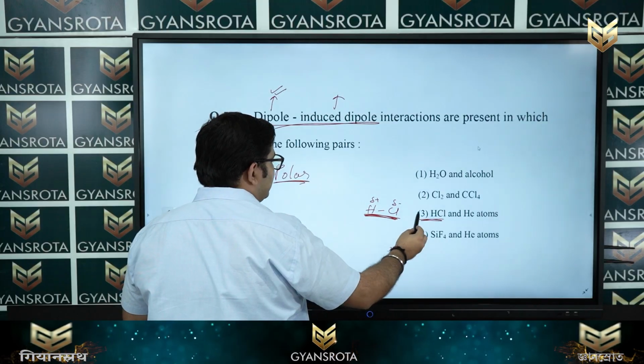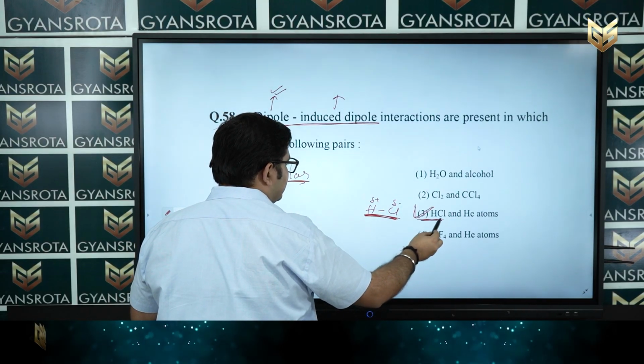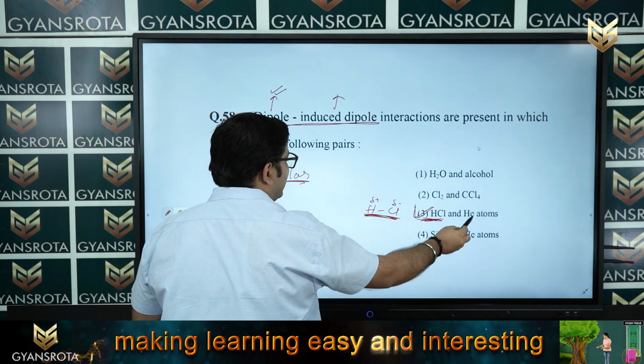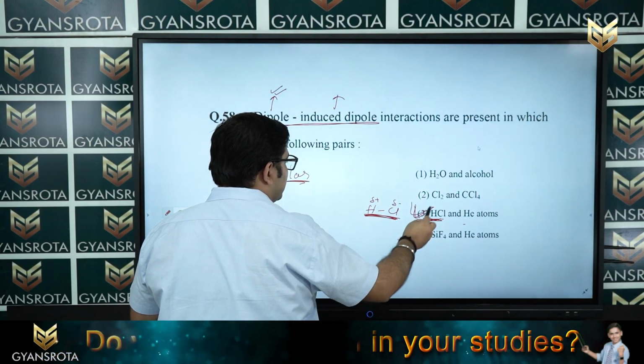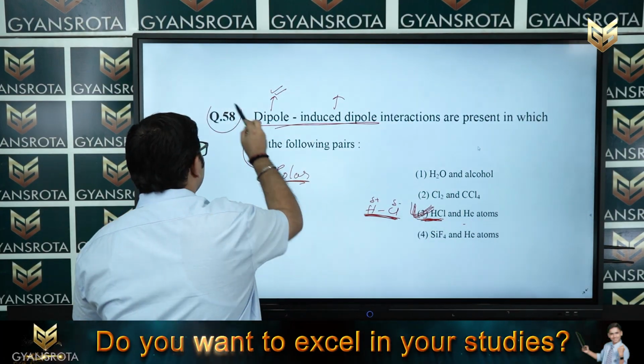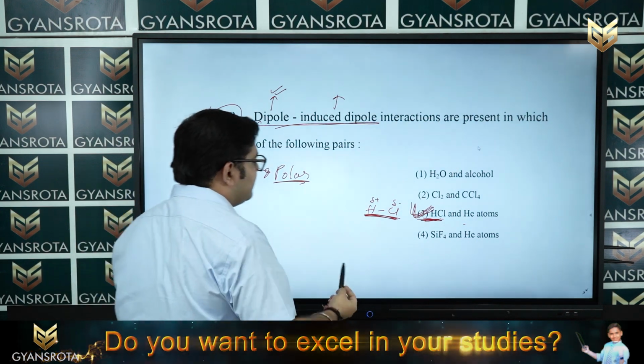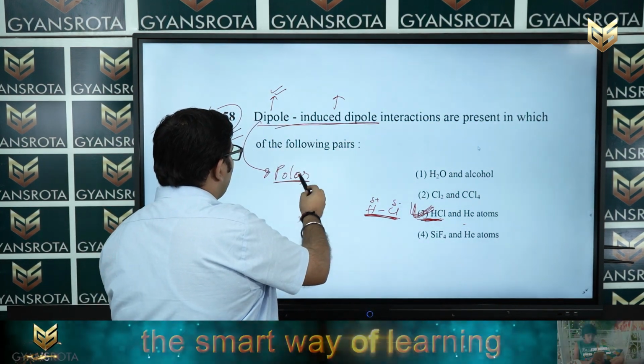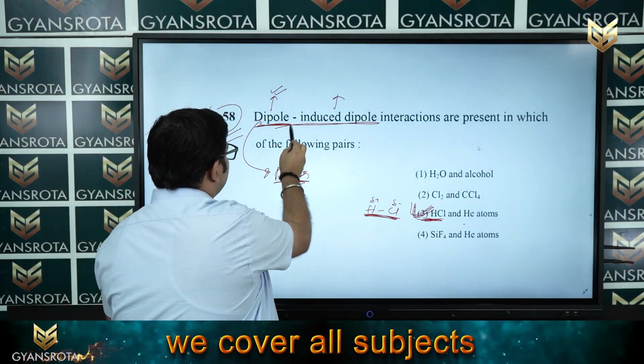That is why option number 3, HCl, has a dipole, whereas helium has an induced dipole, and option number 3 is the correct answer of your question number 58. For this you only have to find out the polar molecule, or the molecules having a dipole moment.